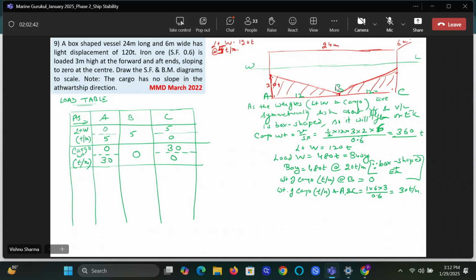Because last question we did not divide A and C because it was 0 on the other side also, right? But this question we have to divide. So please be careful. Now you can complete. Please complete and get me the loads. Don't stop now. Complete the thing and get me the loads.